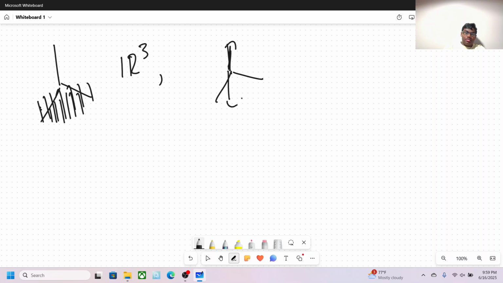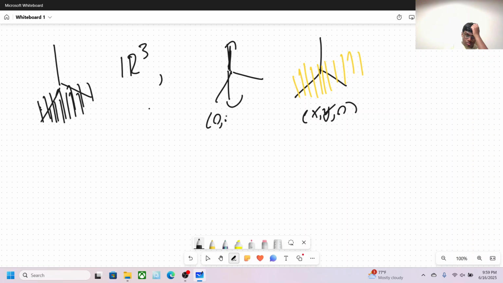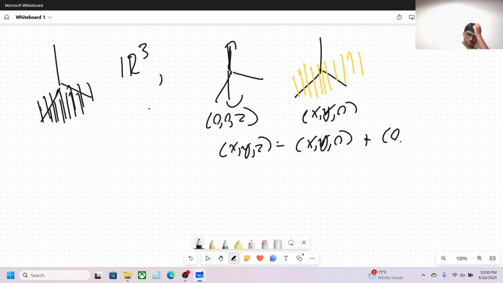The z line is clearly itself a subspace, and we also have the subspace of the 2D plane. If we identify things (x, y, 0) here with (0, 0, z), every point (x, y, z) can be decomposed as (x, y, 0) plus (0, 0, z). And hence somehow these add together to give all of R3.